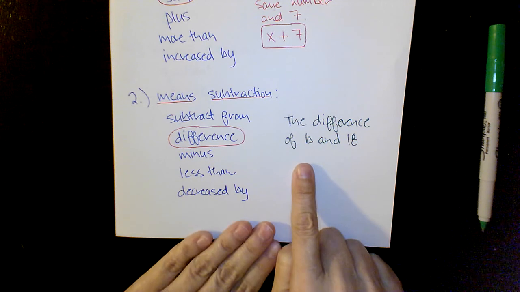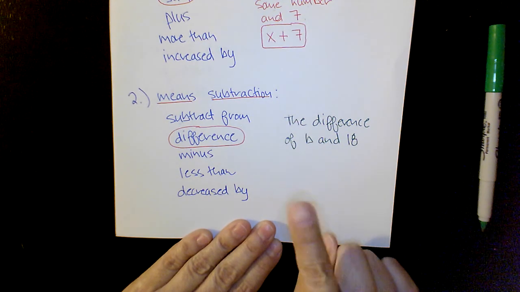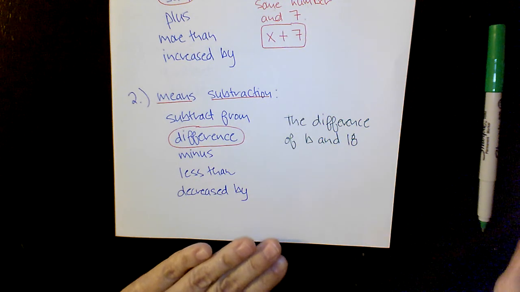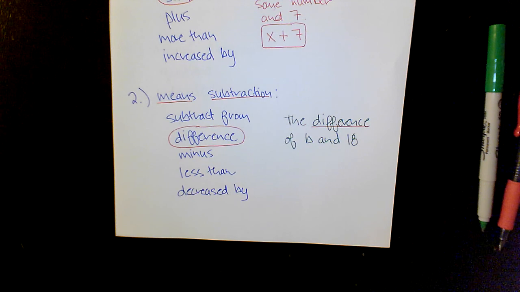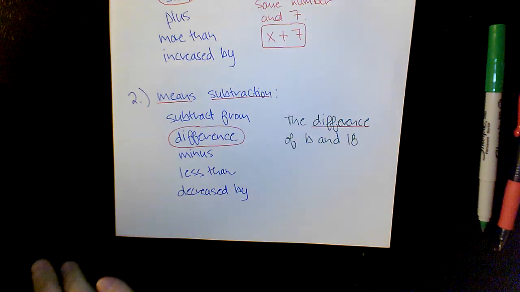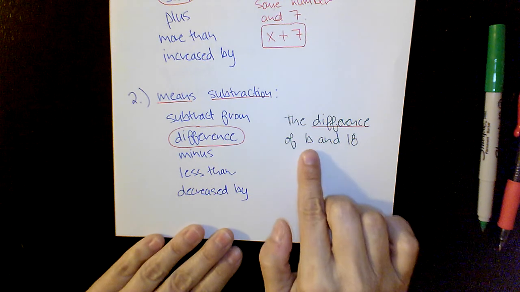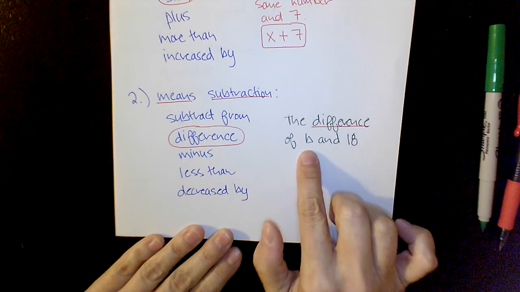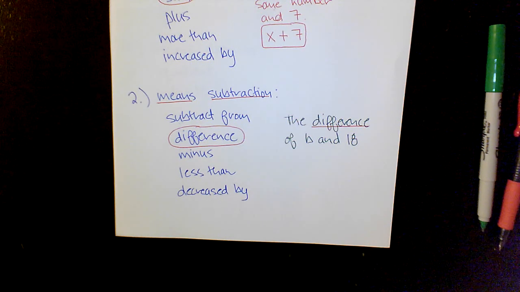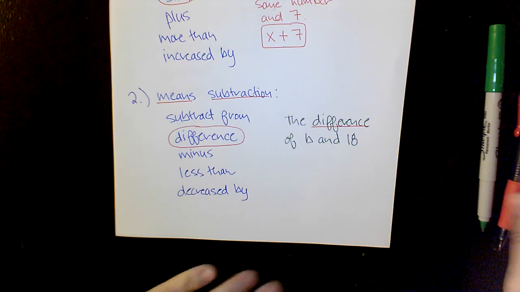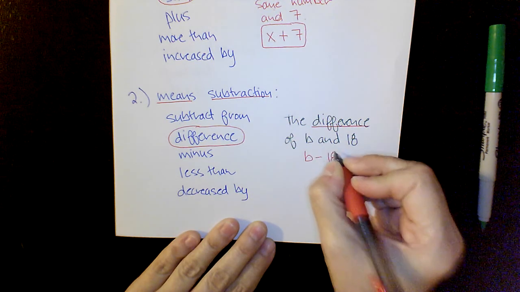How would I translate this from English into math? I know right away, since I see the word difference, that I'm going to be subtracting. This time they're giving me the variable: the difference of b and 18. So I'm going to subtract, and all I need to do is write b minus 18.